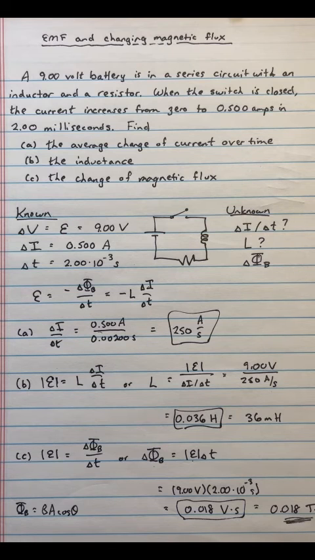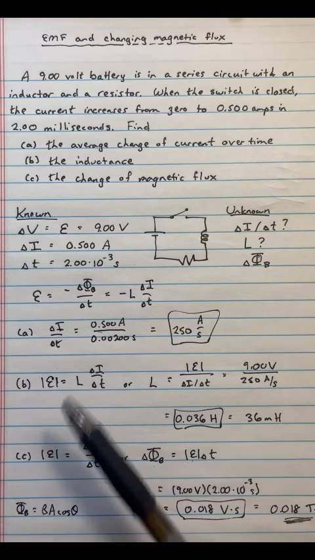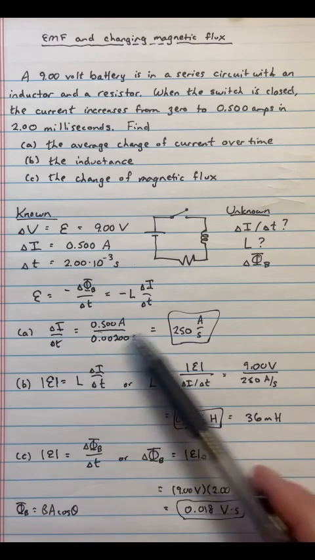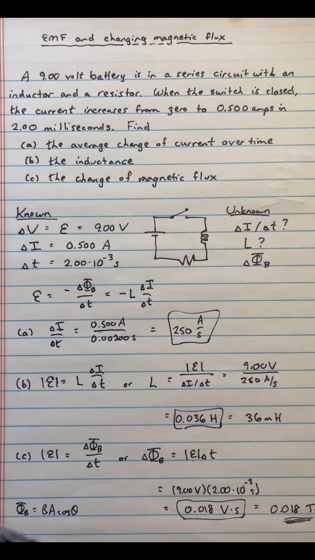The second thing is that a change of one thing related to a change of another doesn't always have its own individual name, but you can still talk about them. So it's okay to say the change of, say, current over time is a certain number. Or, and we didn't, but we could have, the change of magnetic flux over time can be construed as a certain number. And by the way, if you think about it, we did. That's what we called 9 volts.